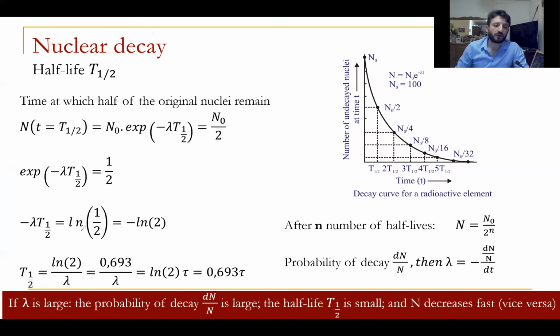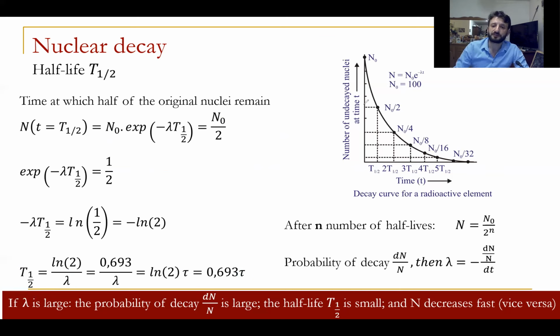So here, the most important point is the value of t half in function of lambda. It's inversely proportional. And also the value of t half in function of tau. It's a direct, it's a linear, or proportional to tau.